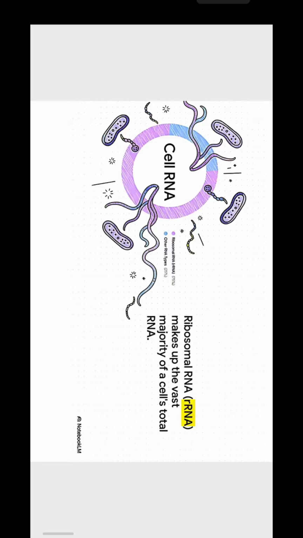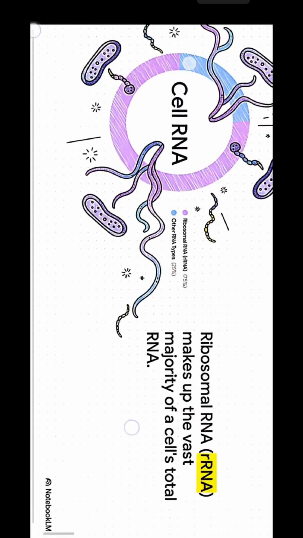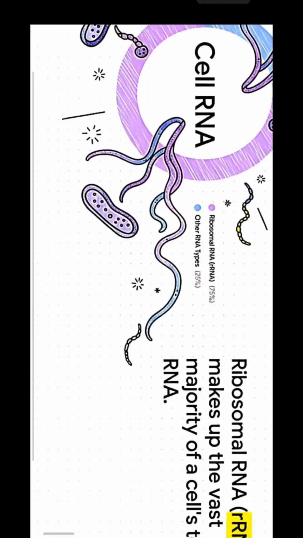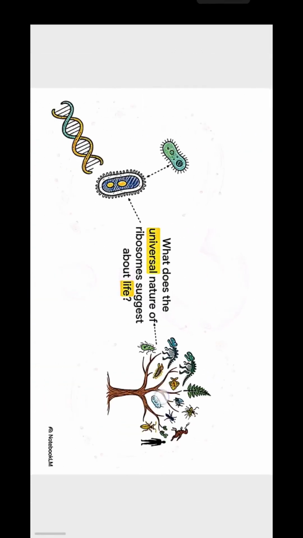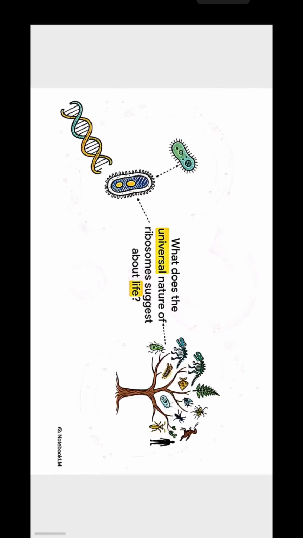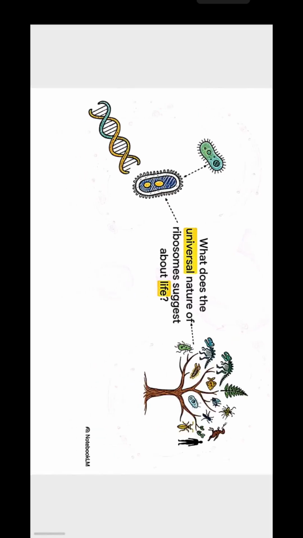Ribosomal RNA makes up the major component: around 75% of our total RNA is ribosomal RNA, and the other types of RNA constitute only around 25%. So these ribosomal RNAs are the major components which form the basic structure of the ribosomes, along with proteins.